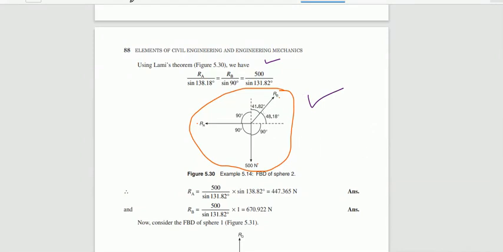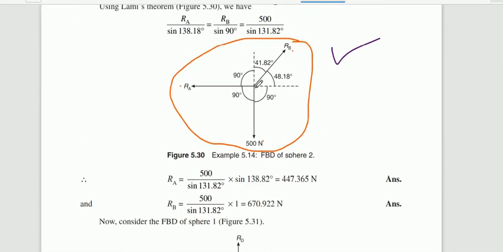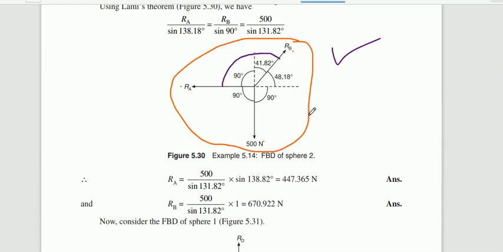This is 48, so the remaining angle you can write, and this is 90, this is 90, and the angle between the other two forces means this. 500 divided by sine of (90 plus 41.82), RB divided by sine 90, the opposite angle, and RA divided by the opposite angle, means here to here. Clear? By applying Lami's theorem, you can easily get the values of RA and RB by cross multiplying.